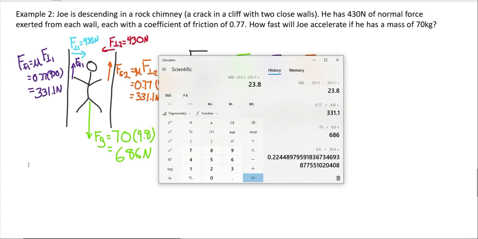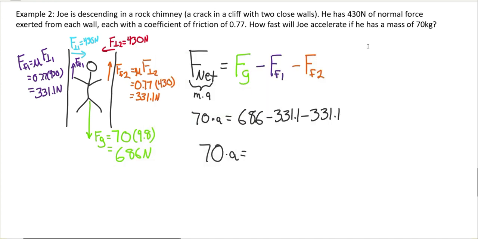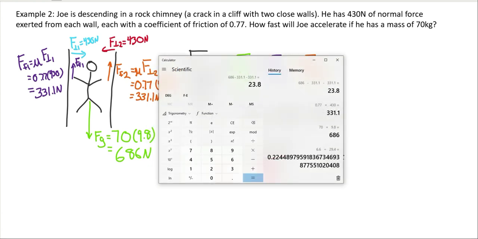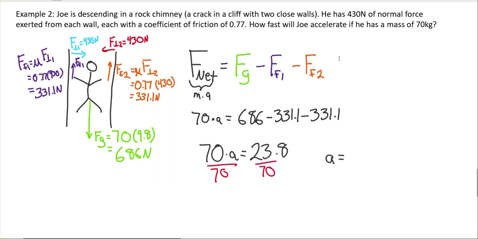23.8 newtons total left over. And to find that acceleration, I see that it's being multiplied by 70, so I'll divide both sides by 70. You find here that the acceleration will be equal to, let's punch it into our calculator, 0.34 meters per second squared, and it's in the positive direction.